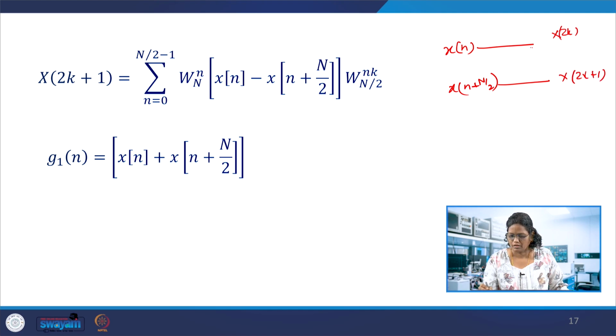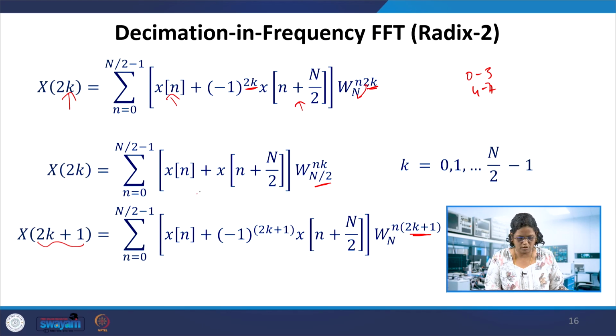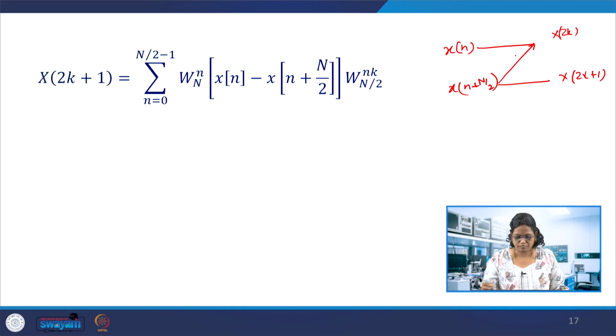Okay, so 2k is obtained by adding this. So with the total factor, this is 2k, x of n plus x of n plus N by 2, into this summation here, whereas this is computed with W N n. Okay, so here this is going to have minus 1. So this is the butterfly in this case.